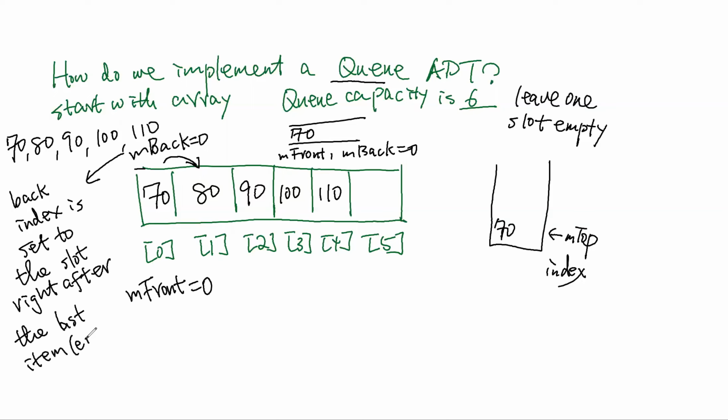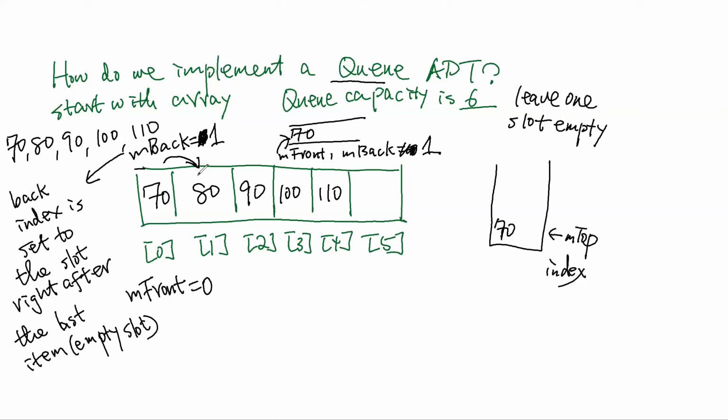So it's the empty slot, not the last item. In this case, M back should be updated to 1, and the front still points to 70.